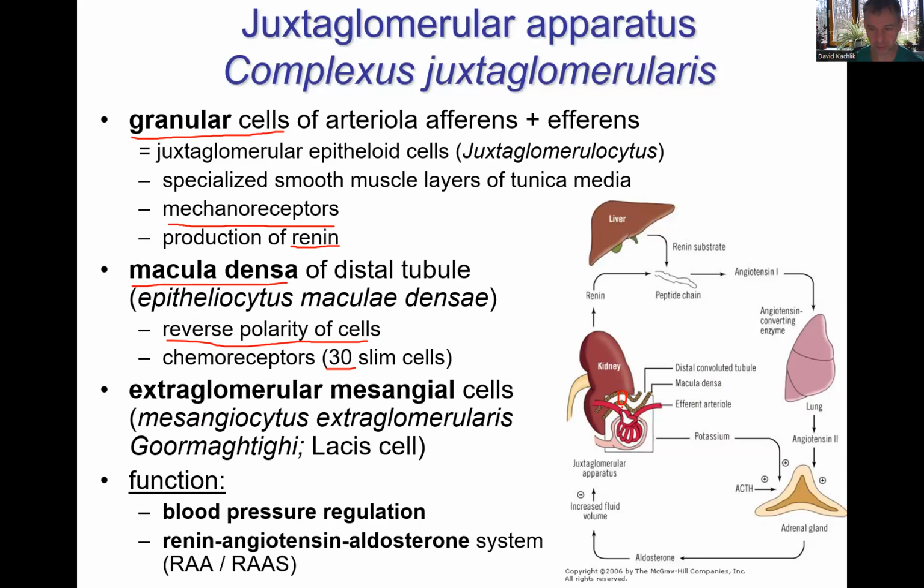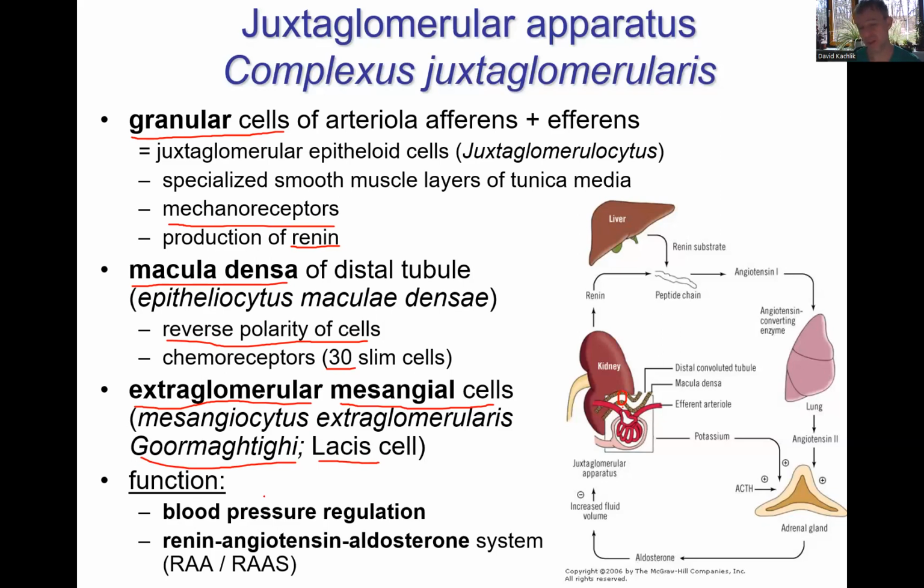They are not shown here in this figure, but they are in between. They are called extraglomerular mesangial cells, not the intraglomerular ones, which are between podocytes and endothelial cells. They are also called Lacis cells or Goormaghtigh cells. Their function is just to connect the cells of the distal tubule, the macula densa, and the cells of the arterioles, the granular cells. They just transmit the information.